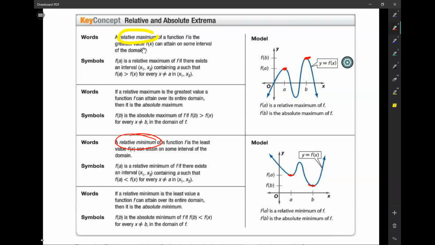So maximum, minimum. Now, how do you get a maximum? You get a maximum when a graph changes from increasing to decreasing. How do you get a minimum? When it's the opposite. It goes from decreasing to increasing.